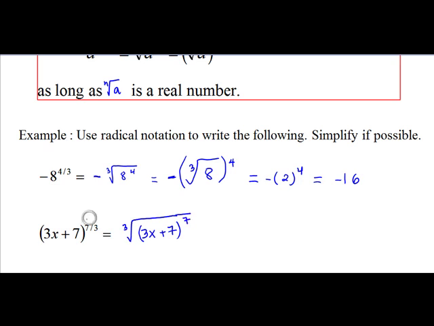Now, notice that this example is a little different from the previous example. When I have brackets like so, that means the whole thing is the base, and you put all of it inside. But here I have no brackets. The minus here means the whole problem is a minus. The 8 here is your base. So you put only the 8 inside, not the minus 8 inside a radical. Okay.